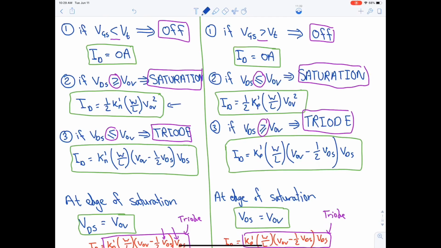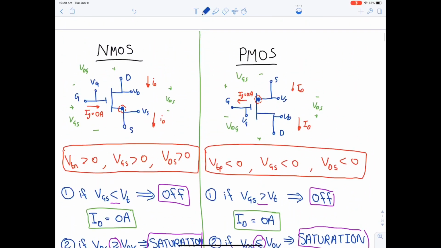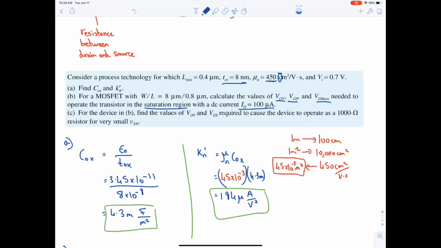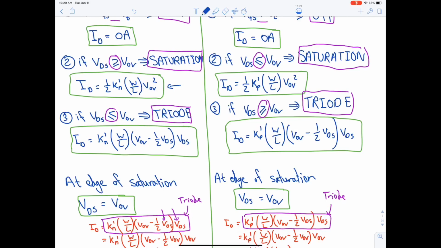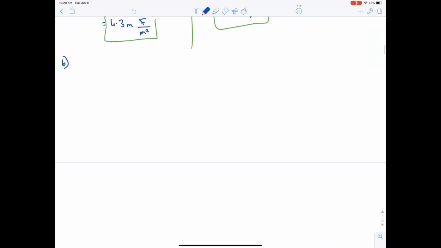And we are in NMOS. How did I know that it's NMOS? If you read the question carefully, it says mu n, meaning you are in NMOS. So we have to use ID of NMOS. Actually, it's the same as the PMOS, but instead of Kn, we're going to use Kp. Doesn't matter. So the equation is ID equal to half Kn prime W over L VOV squared.